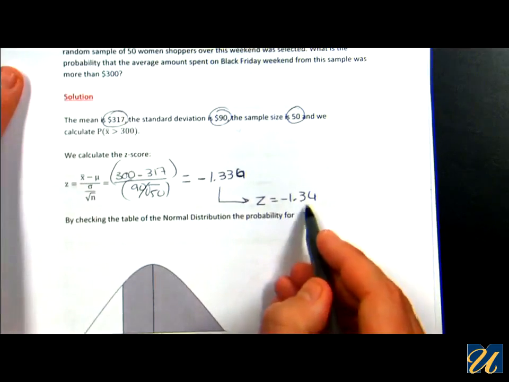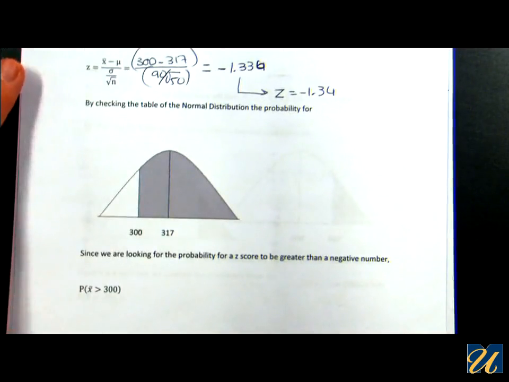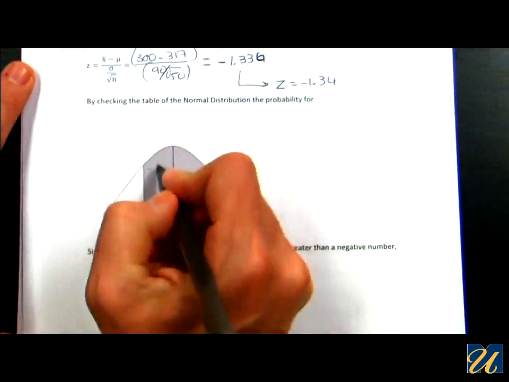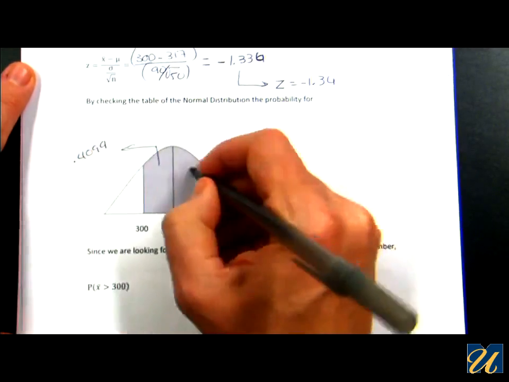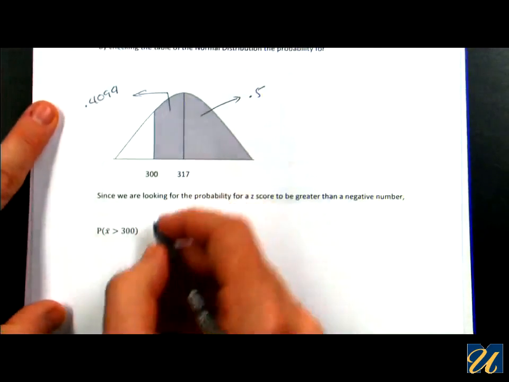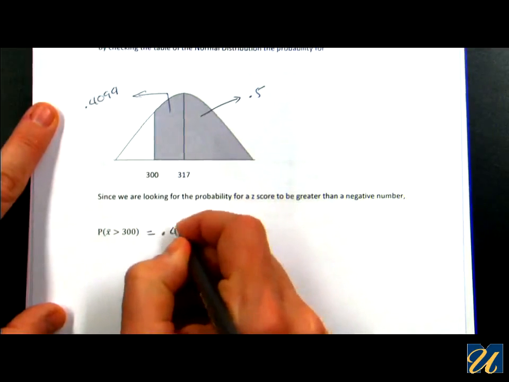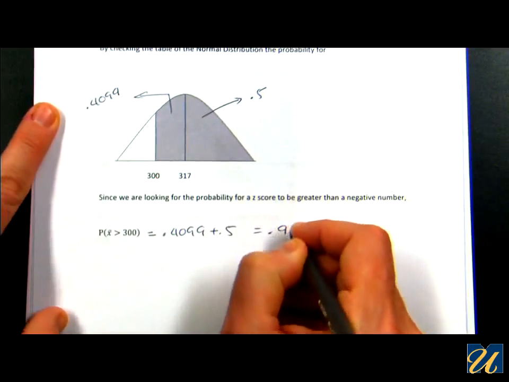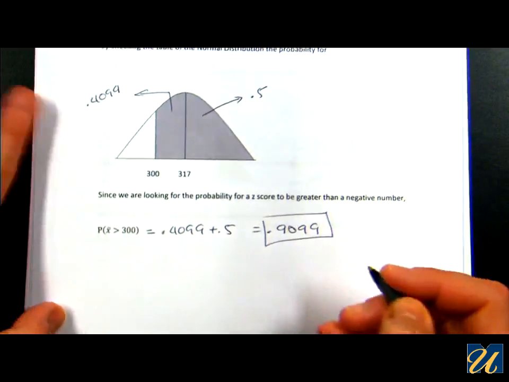This is what you're going to look up in your table. So you take the absolute value, 1.34 will give you a probability of 0.4099. This area, once again, is 0.5. So all you need to do is add the 2, 0.4099 plus 0.5, 0.9099 for your probability.